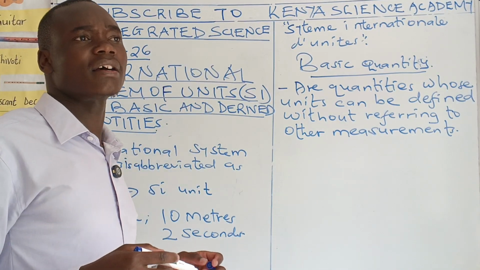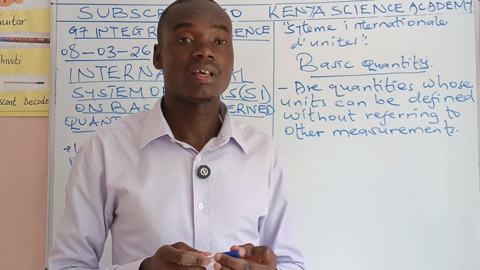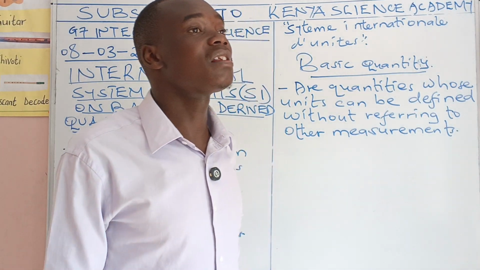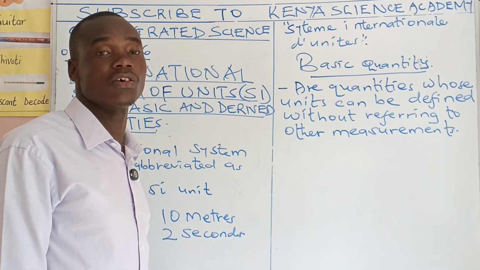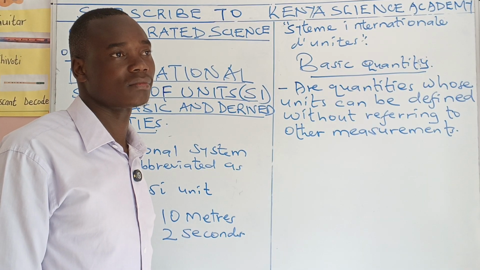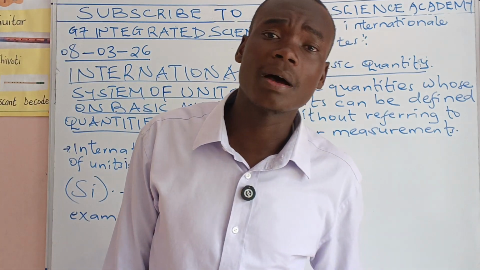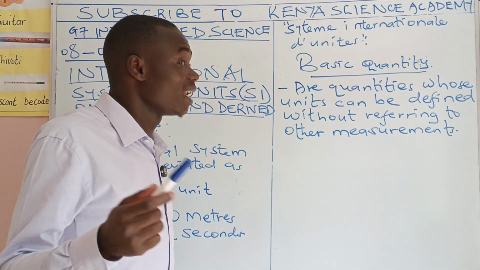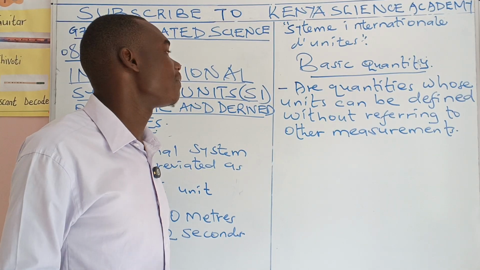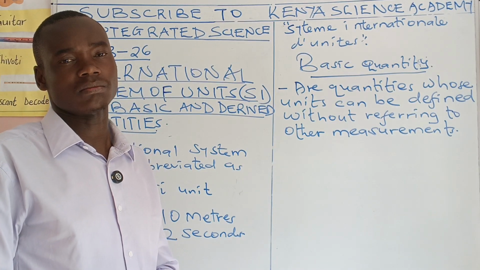Now, something like, say, density. We cannot easily say that the density is 2 kilogram per cubic meter, or that the density is 5 kilogram per cubic meter. We cannot say that. Rather, we will calculate to find density.